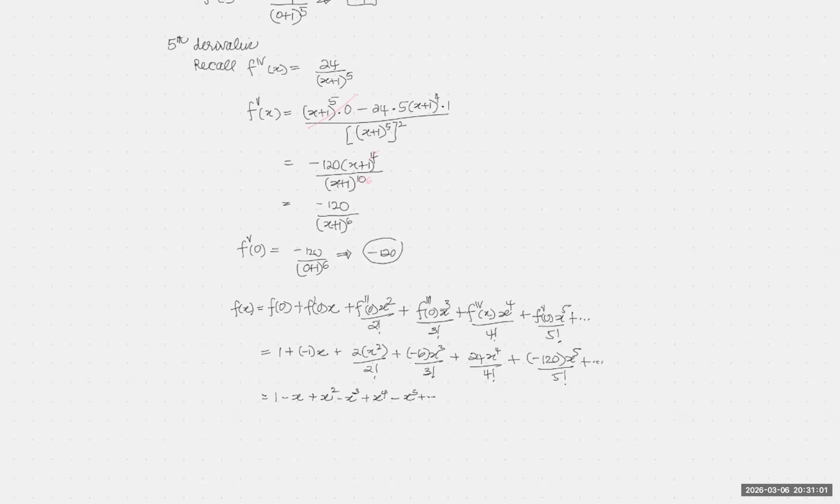Okay, write for me, please. Why am I asking you to write? What's the function? The function is going to be 2x over x plus 1.